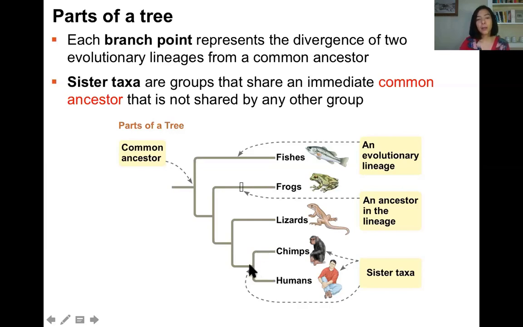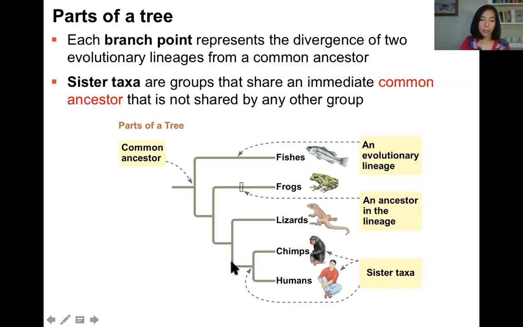And now I want you to find the common ancestor of lizards and humans, and if you are following, this will be the ancestor. The most recent common ancestor of lizards and humans is right here.